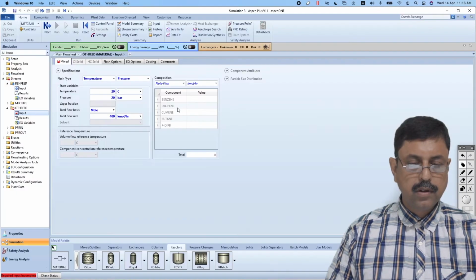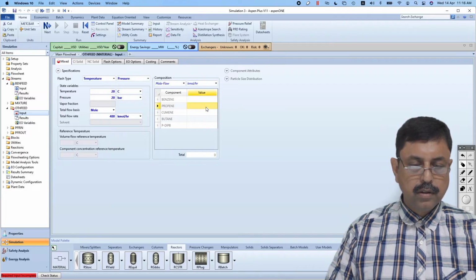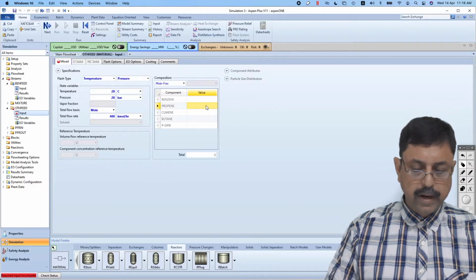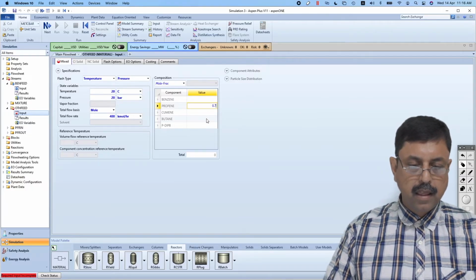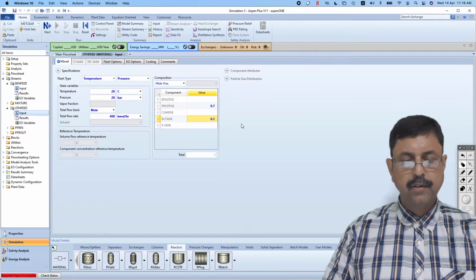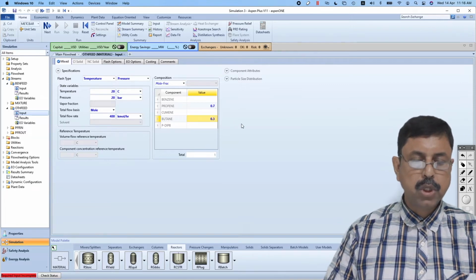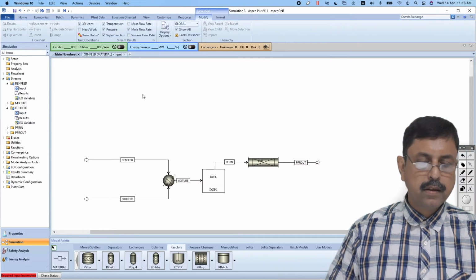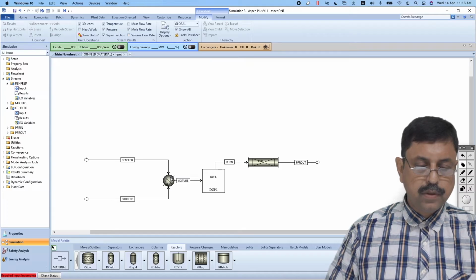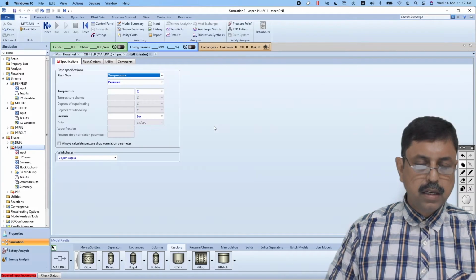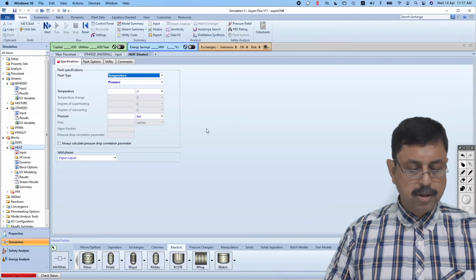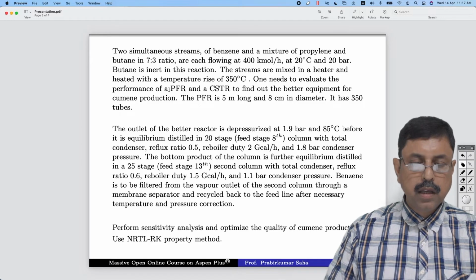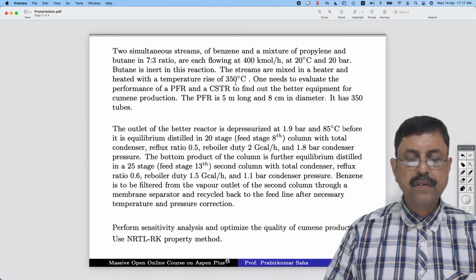So this is mole fraction 0.7 and butane 0.3. So we have 7:3 ratio of feed. Okay, then we have to give the specification of heater, which is temperature rise of 350 degrees centigrade.